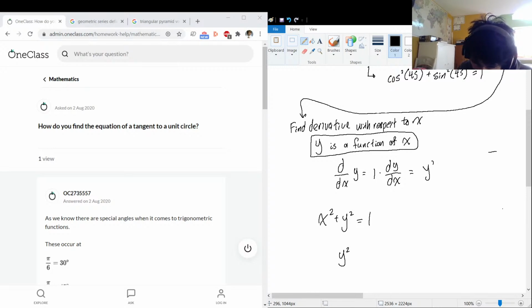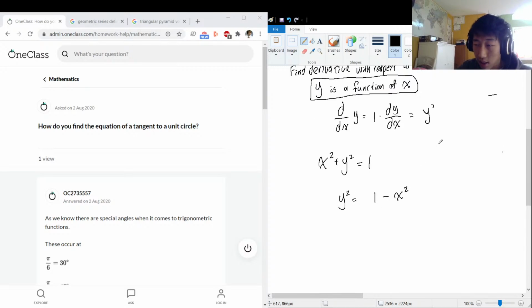So we'll have y squared is equal to 1 minus x squared. Actually, we can keep it like this. I think the calculus will be a little bit easier. So we're going to take the derivative with respect to x of both sides: d/dx of y squared equals d/dx of 1 minus x squared.